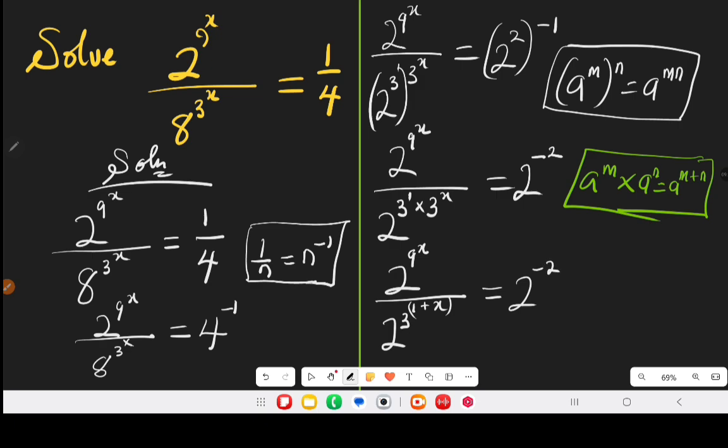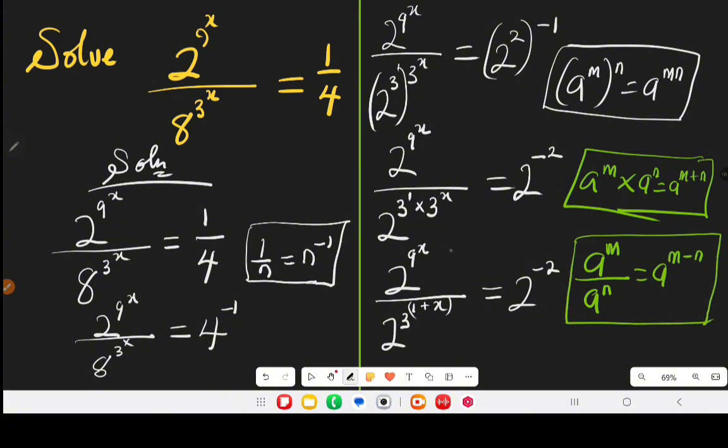Then we move further. In law of indices, whenever we have a raised to the power of m all over a raised to the power of n, it is the same thing as a raised to the power of m minus n.